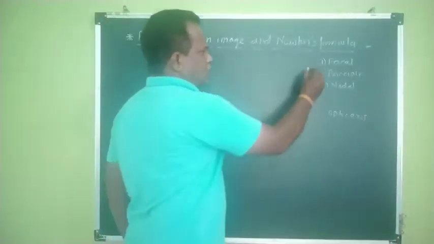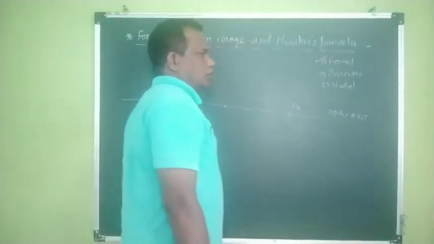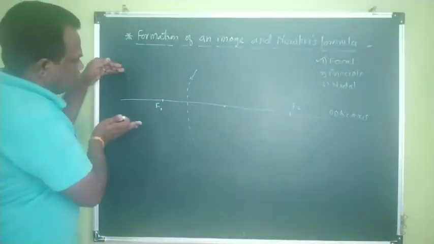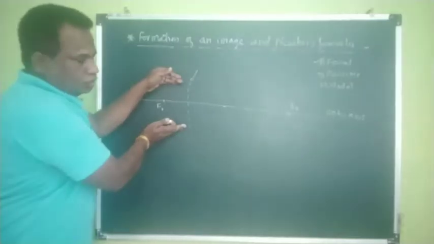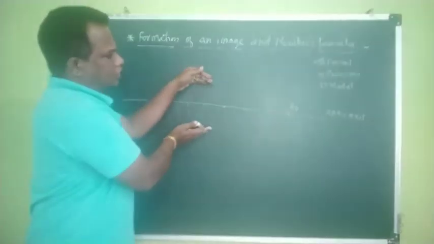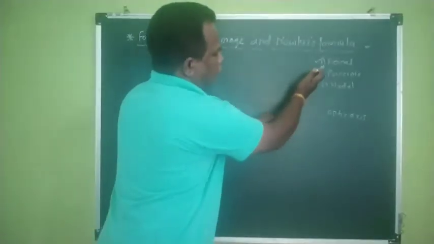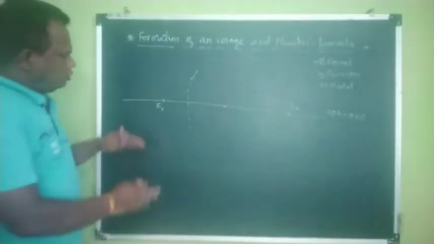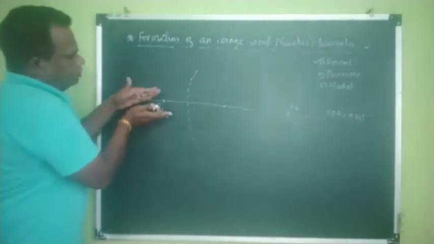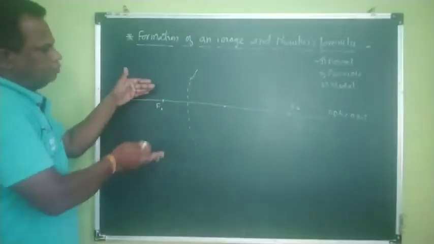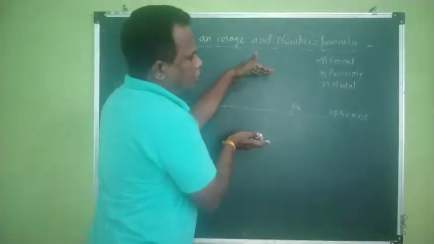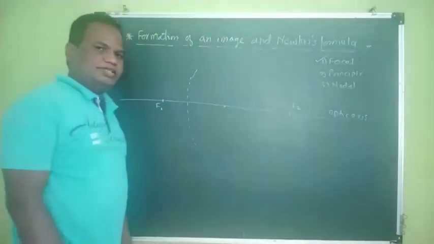So you have considered two focal points. What are the properties of the focal points? If you send parallel rays incident on the lens system, then after refraction they will pass through the focal point. If certain rays start from the focal point, then after refraction through the lens system or thick lens, they will travel parallel to the principal axis.